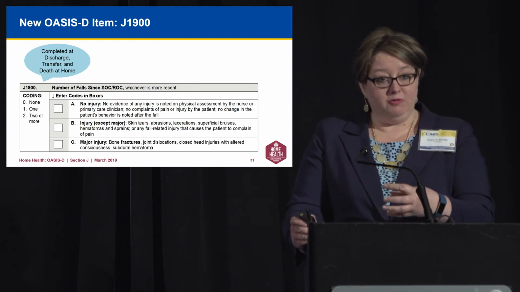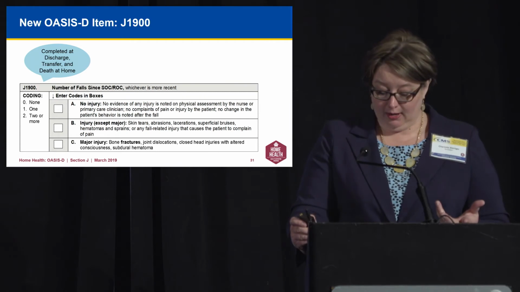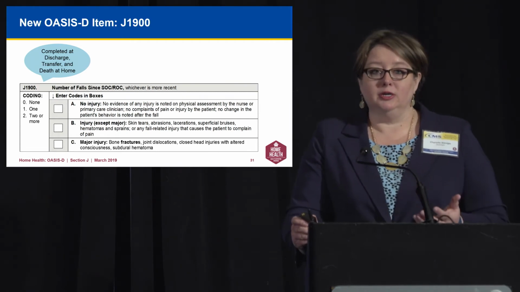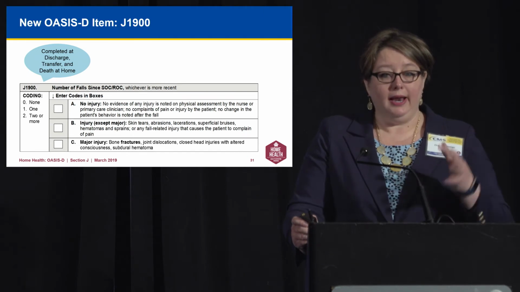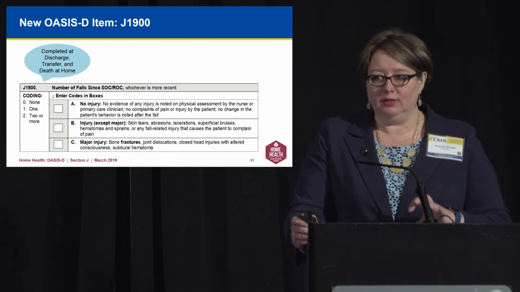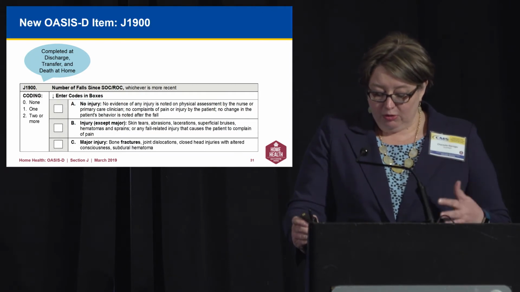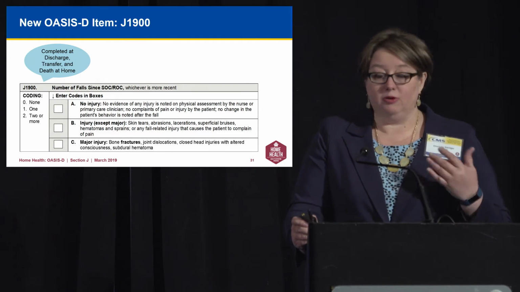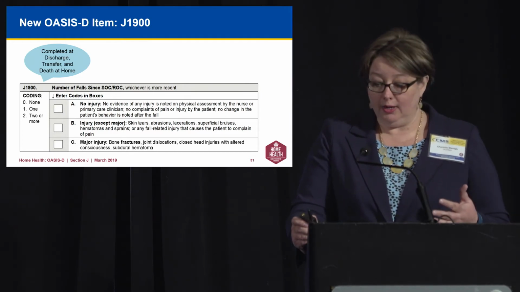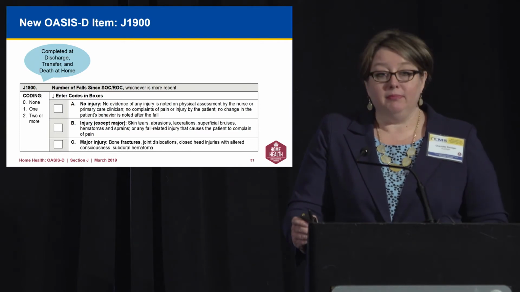Because we answered yes on that, we know the patient at least had a fall. But now what we're really trying to determine is what was that level of injury and how many they had at those different levels of injury. And just as a reminder, you're going to put a response for each level. The first level is no injury, B is injury except major, and C is major injury.